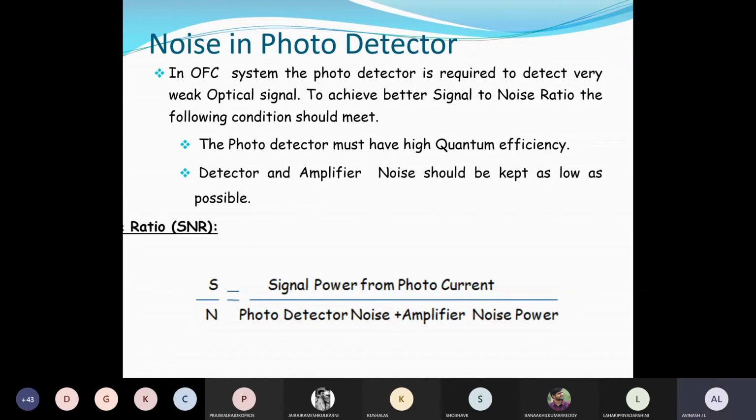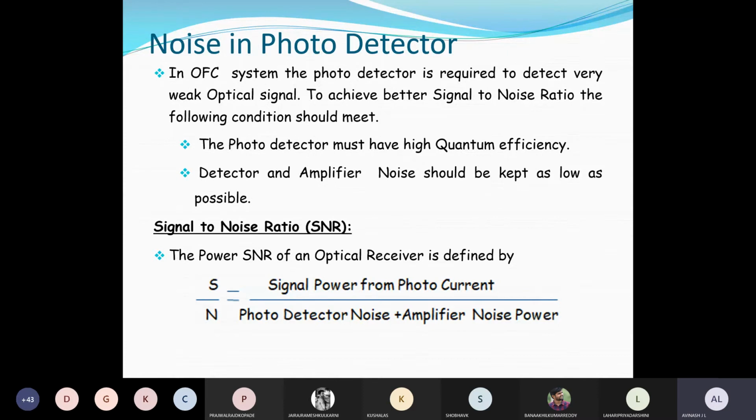So the next thing: the next parameter, signal to noise ratio. The power signal to noise ratio of the optical receiver is defined by S divided by N, equal to the signal power from the photocurrent divided by the photodetector noise plus amplifier noise power.